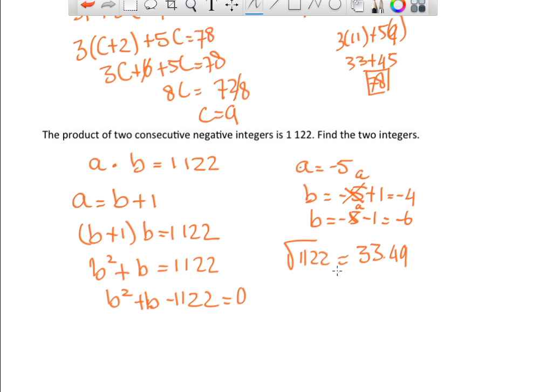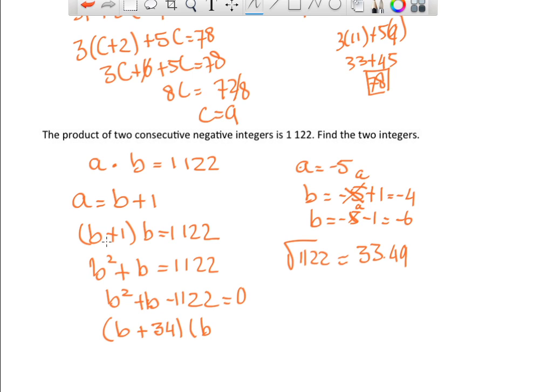So I'm guessing then that the two numbers that multiply here, what if I did B plus 34, and then the other one would be, can I do 1122 divided by 34? That's 33.